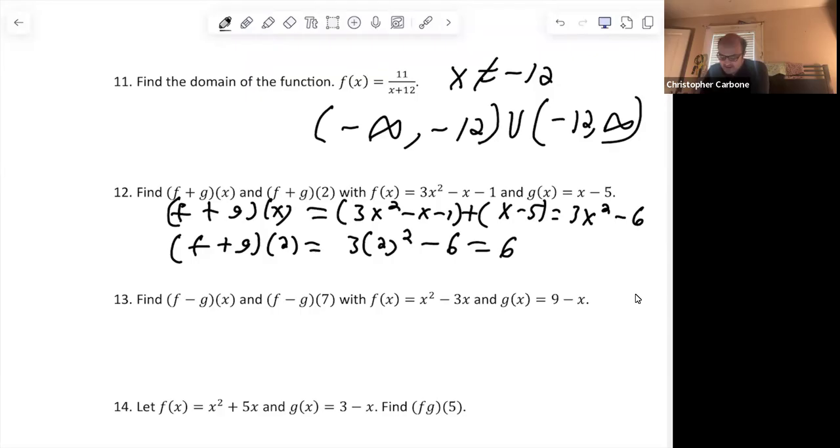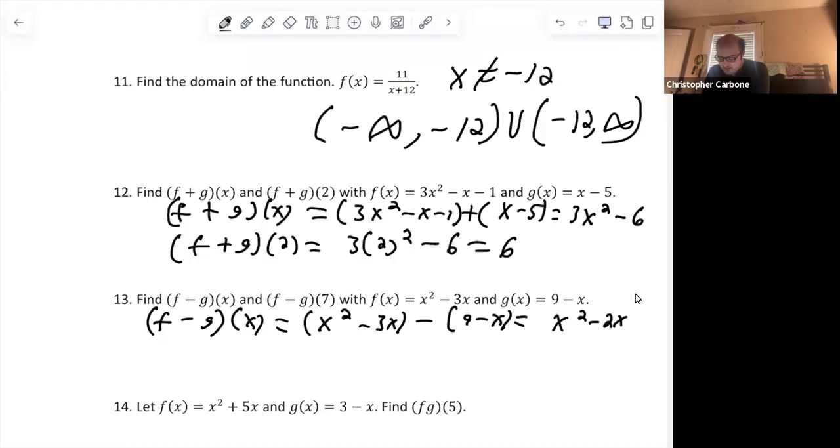For f minus g of x and f minus g of 7, with f of x being x squared minus 3x, g of x being 9 minus x. So f minus g is x squared minus 3x minus 9 minus x. So x squared minus 2x minus 9.